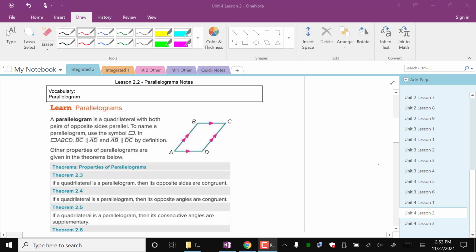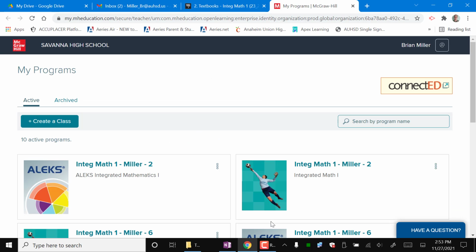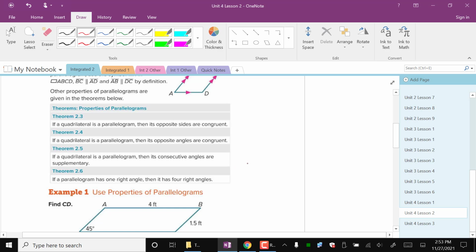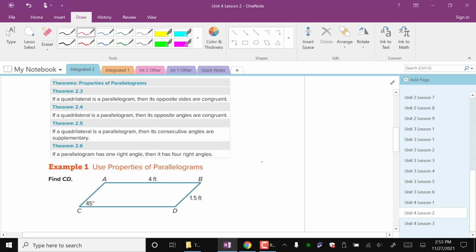We have some theorems. Let's take a look at the theorems for the parallelogram. We have theorem 2.3, theorem 2.4, theorem 2.5, and theorem 2.6. Theorem 2.3: if a quadrilateral is a parallelogram, then its opposite sides are congruent.